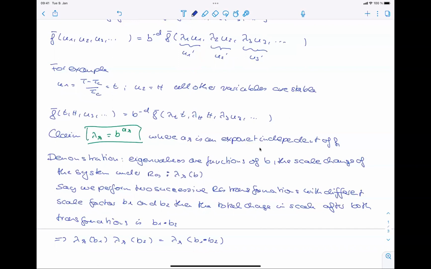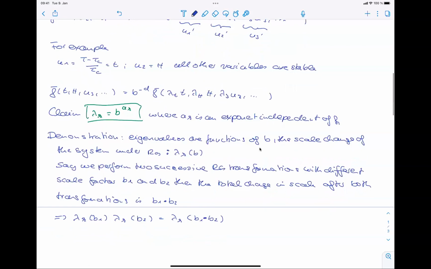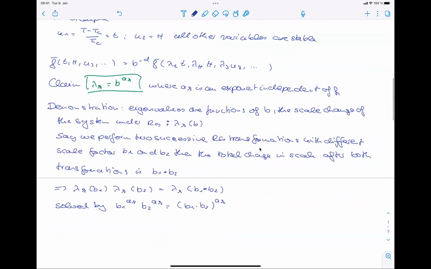Now, looking at this equation, we see that this is solved by B1 to the power of A k times B2 to the power of A k. That's equivalent to B1 times B2 to the power of A k, where here A k is independent of B. And what we're going to learn is that these A k denote the critical exponents of the transformation.